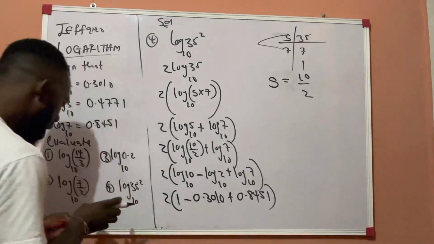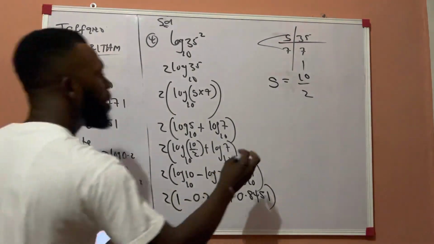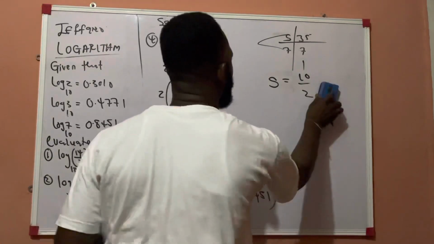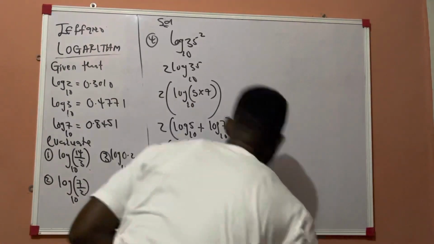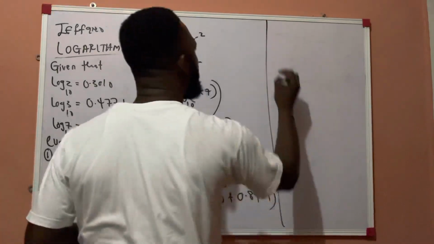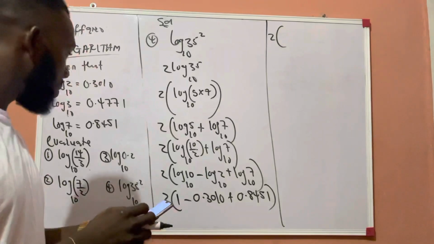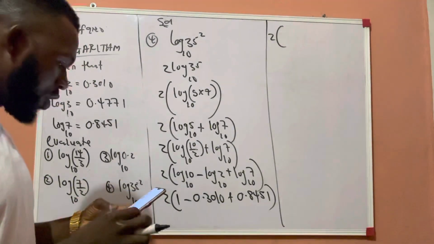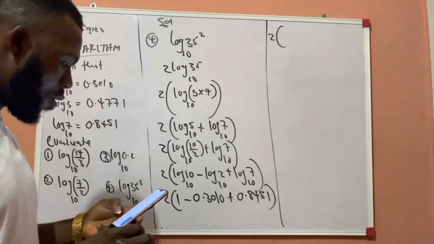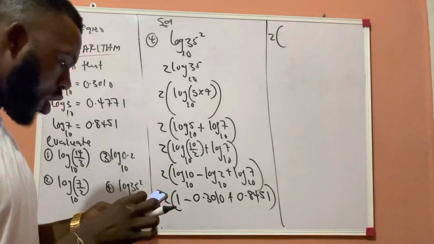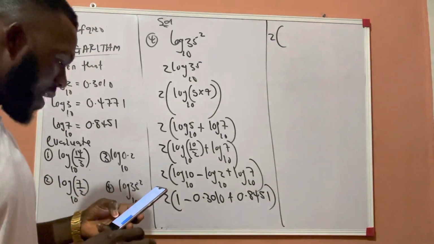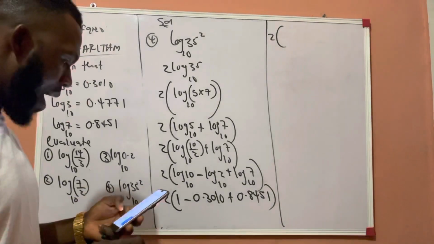Solving the numbers inside the bracket first, we have 2 into the bracket of 1 minus 0.3010 plus 0.8451.